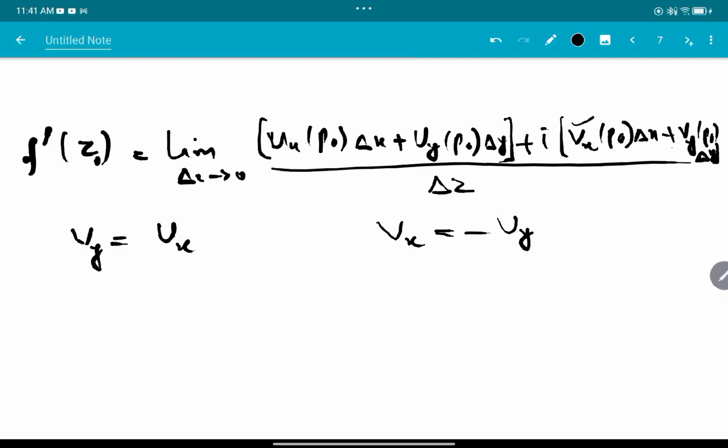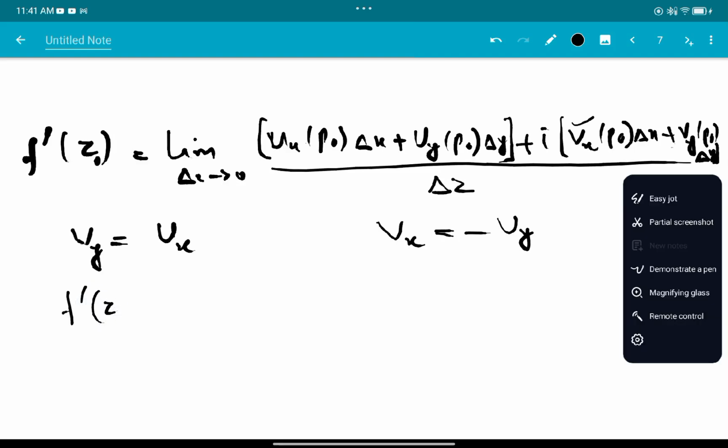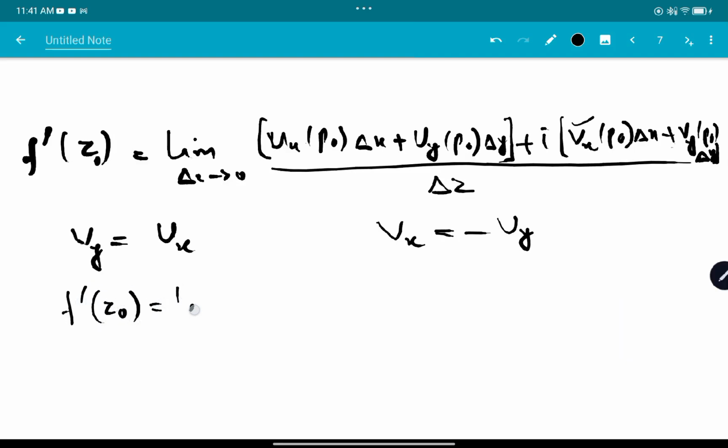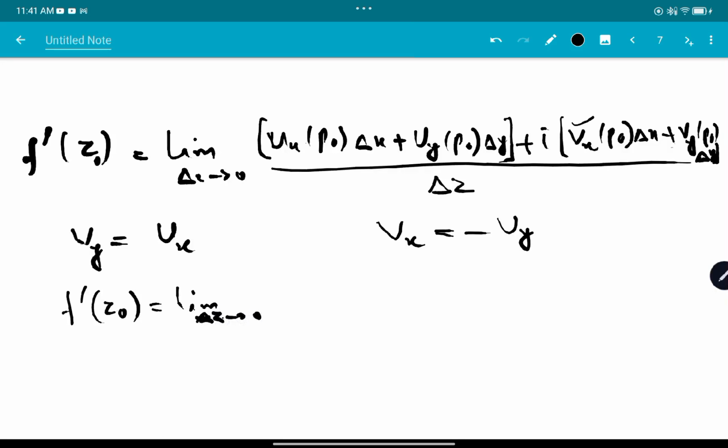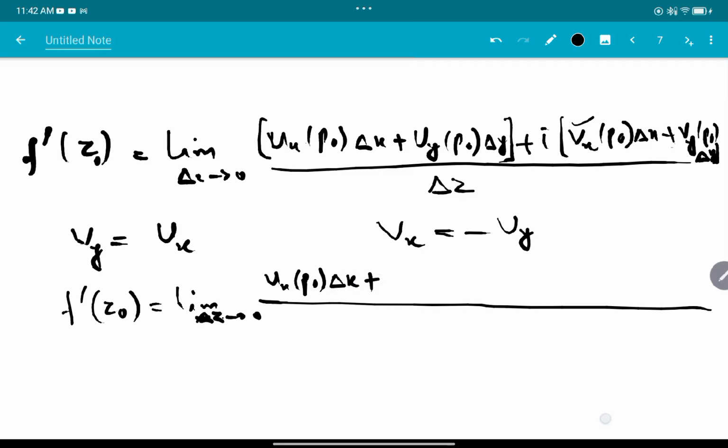Using these two, I have finally f dash z0 is equal to limit delta z tends to 0, that gives us ux at z0 delta x plus, I will combine this with the first, vy, that is ux.